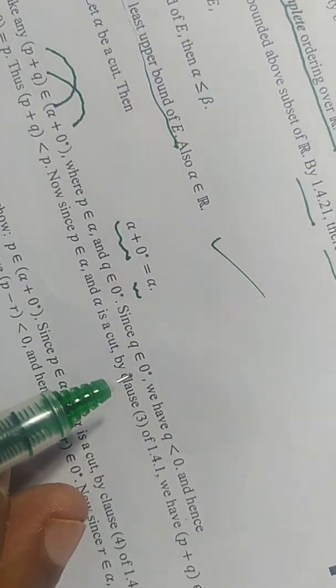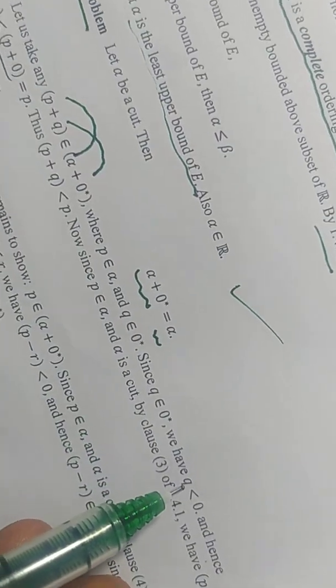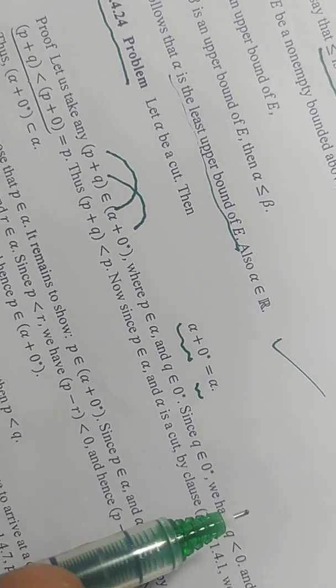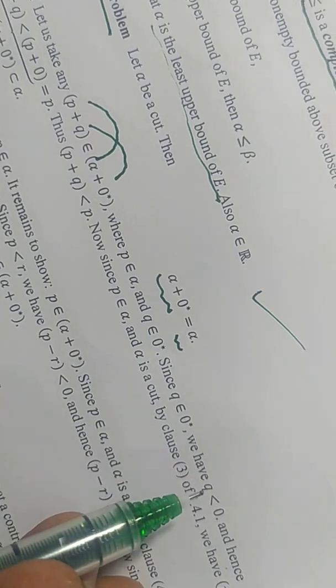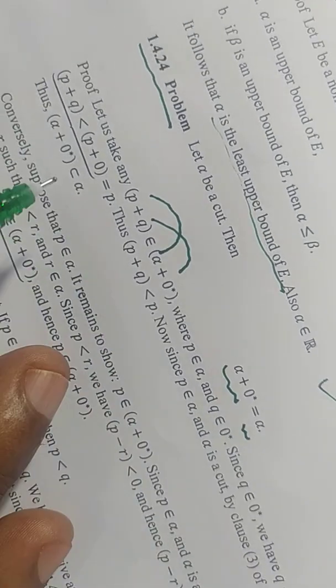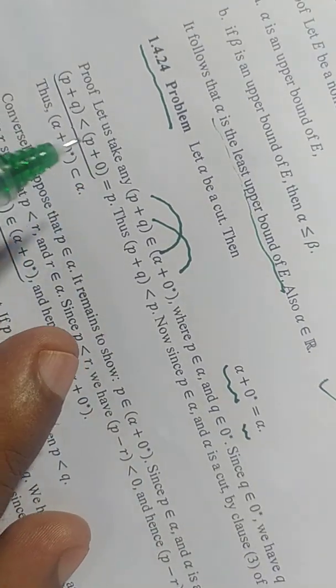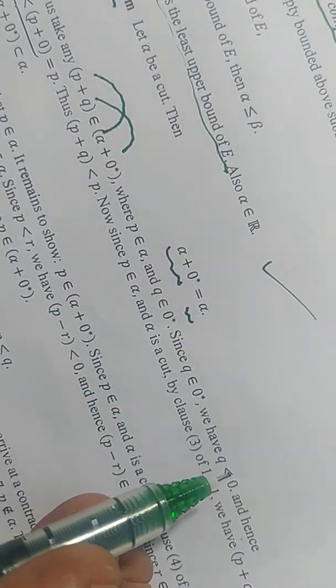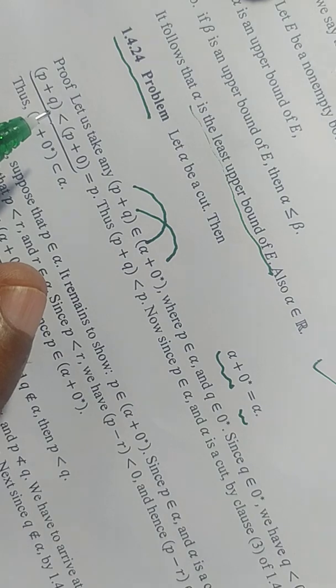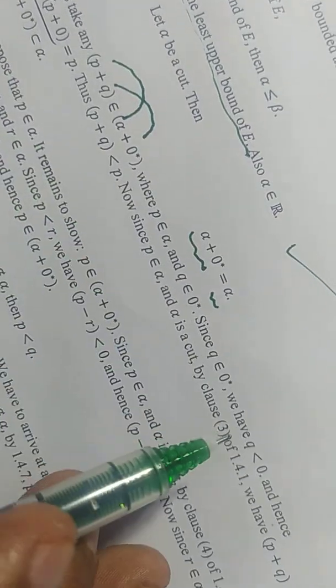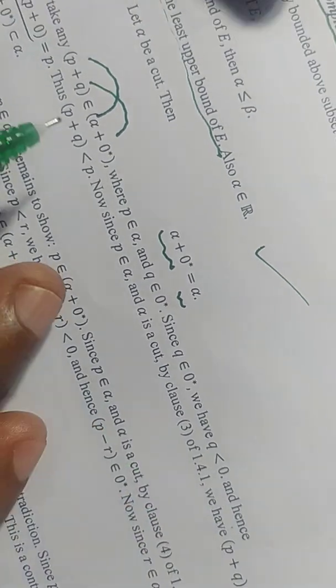Let us add P on both sides. It becomes P plus Q and P plus 0. This inequality remains; this is the property of rational numbers.